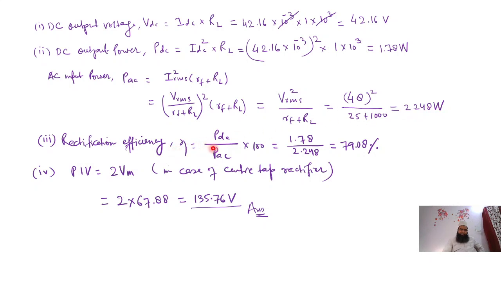Now the rectification efficiency will be PDC upon PAC into 100. It comes out to be 79.08%. PIV, we know that in case of center tap, PIV equal to 2 Vm. We have the value of Vm. We can calculate. It is 135.76 volt.